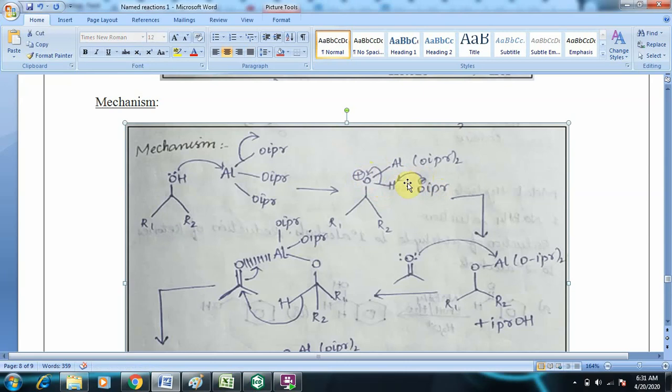So it goes out as isopropyl alcohol. So altogether what do we have? R1, R2, CH, oxygen linked to aluminium, and this aluminium is linked to isopropoxide anion taken twice.